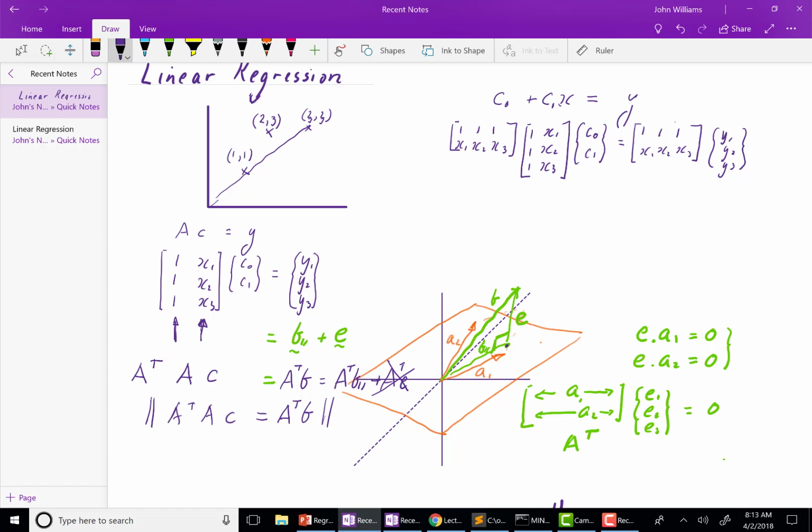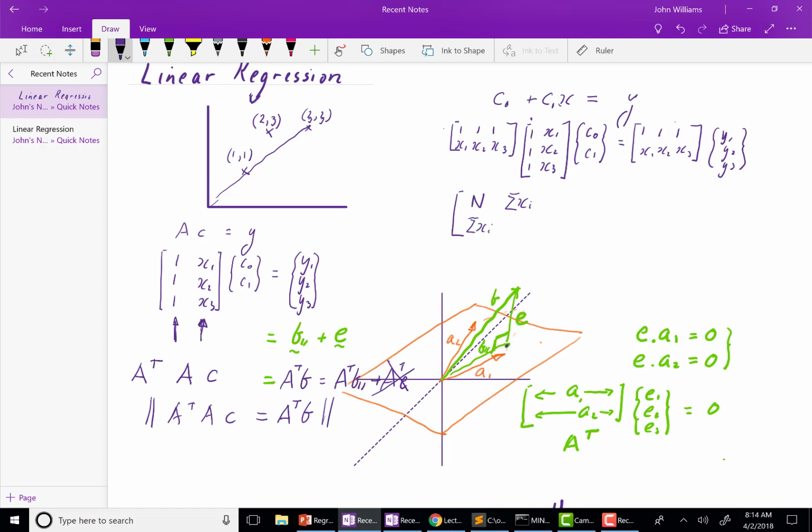So now let's take the first row, and we're going to dive it onto the first column. So we get 1 times 1 plus 1 times 1. If I had n of these down to xn, that first would be n. And now down this, this would be the sum of xi. And this bottom one, x1 times 1 plus x2 times 1, this would be the sum of xi again.